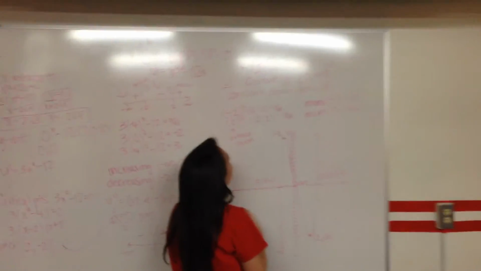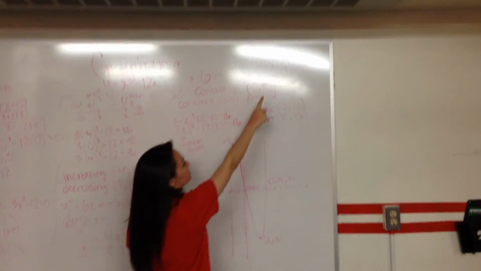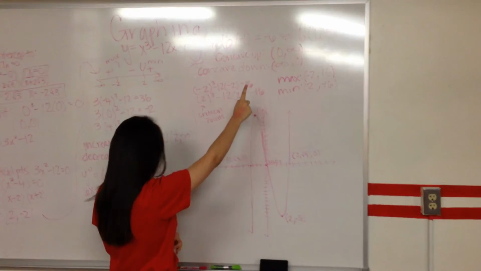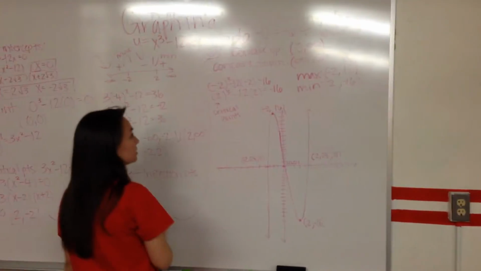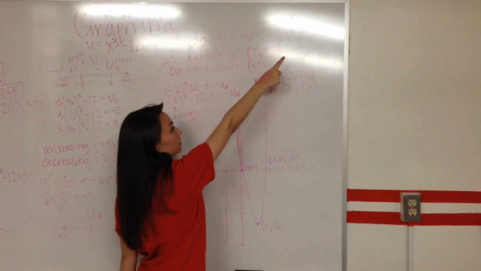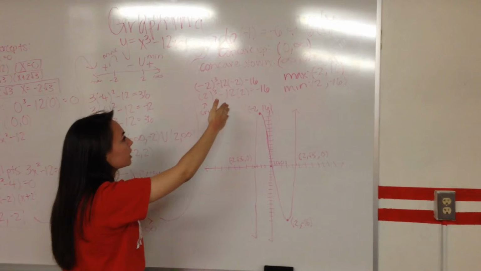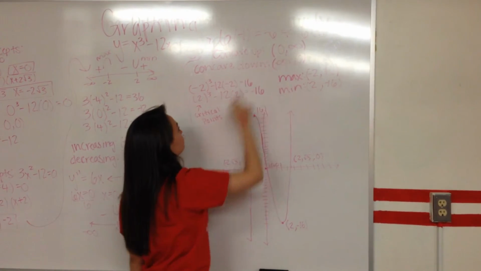And when you do that, you'll get 6 times negative 1, which equals negative 6, and then 6 times 1, which equals 6. And your concave up function is going to be the one that's positive. So it'll be from 0 to infinity, because our number is positive when we get 6. And then for concave down, it's going to be where it's negative. So it'll be negative infinity to 0.